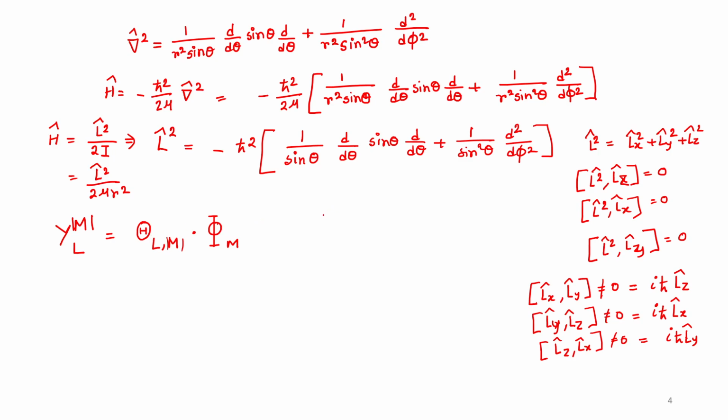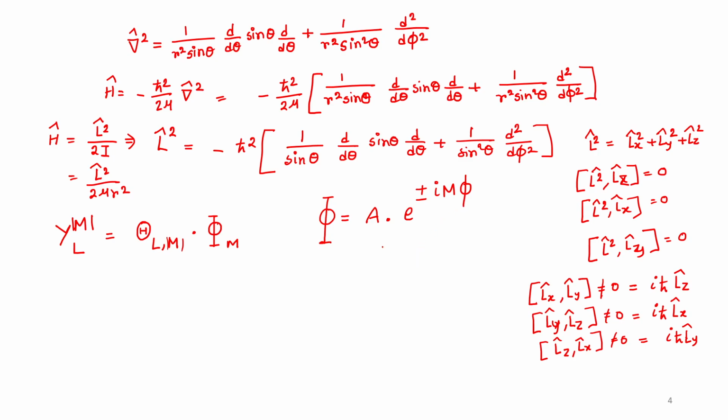So you have already seen from the lecture this phi dependent part can be written as a normalization constant multiplied by e to the power plus or minus i m phi.